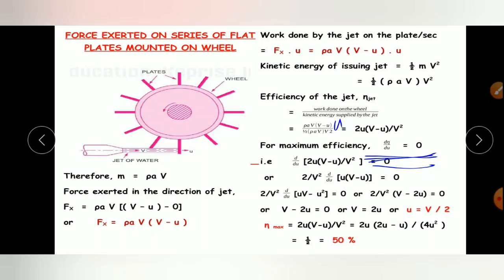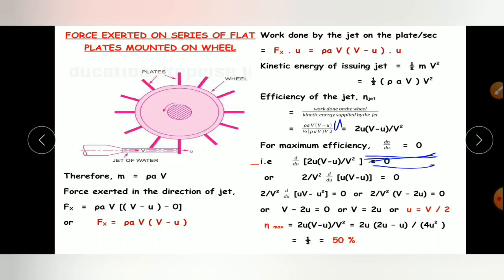So 2 by V square, taking out, the remainder is d by dU of U into V minus U, which is UV minus U square.